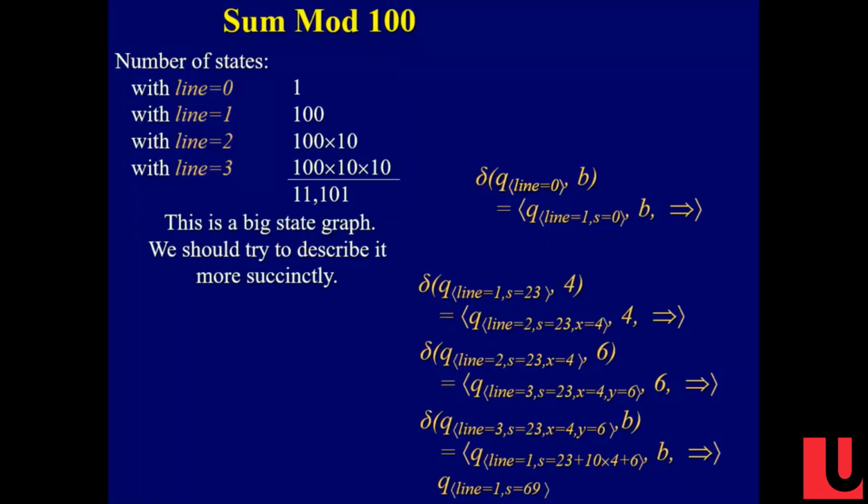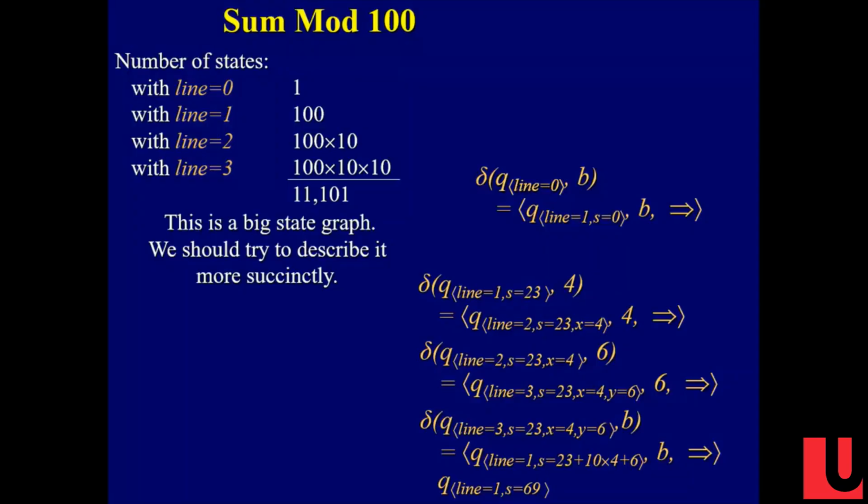Let me give you an answer to a different question. Sometimes I see the following answer, which is wrong. They say, how many line 1s can there be? Well, there's 100 choices of this, and there's 10 choices of this.